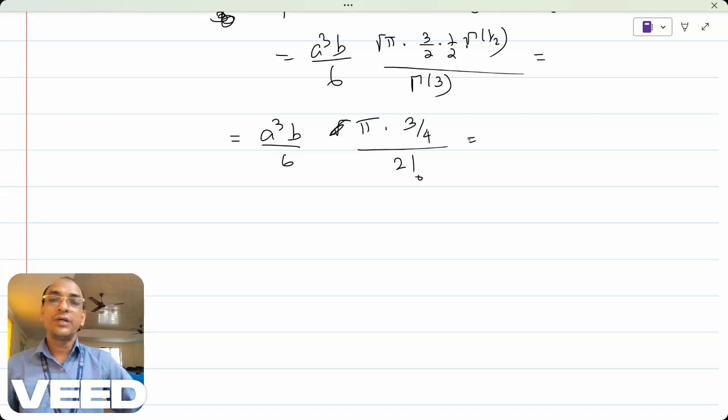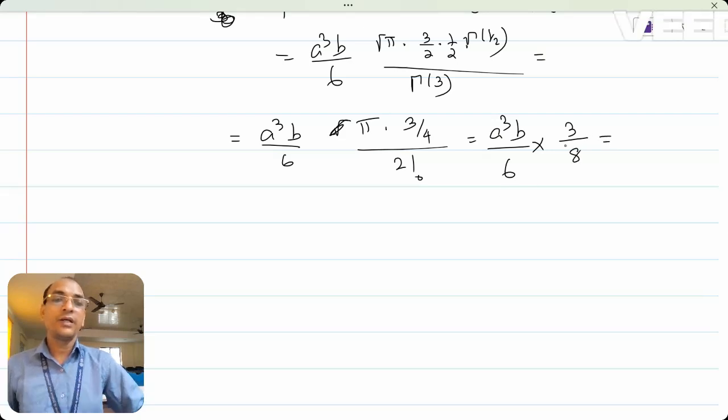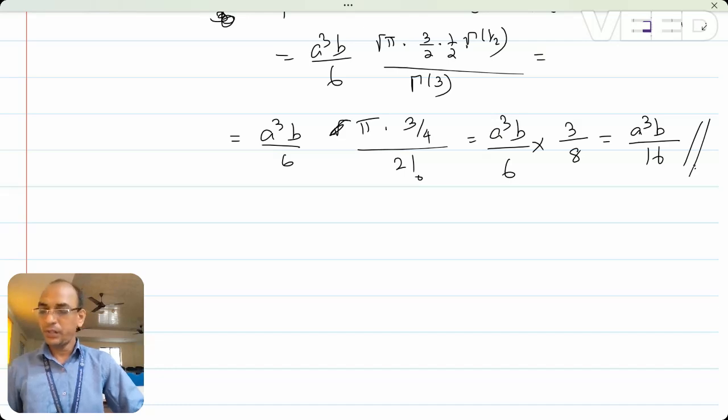Okay, and so that will give you AQB divided by 6 into 3 by 8, and finally you will get AQB by 16. This will be your answer.